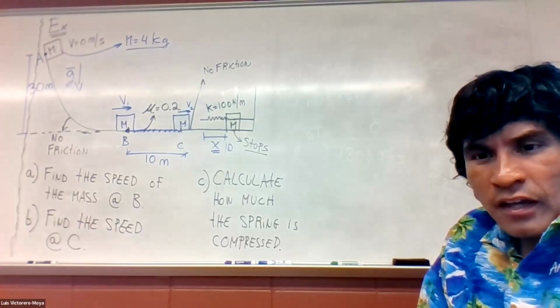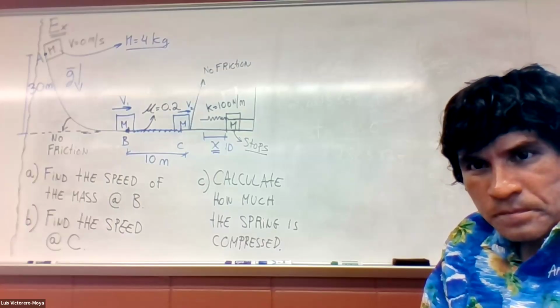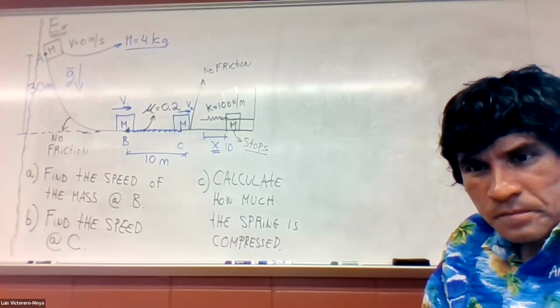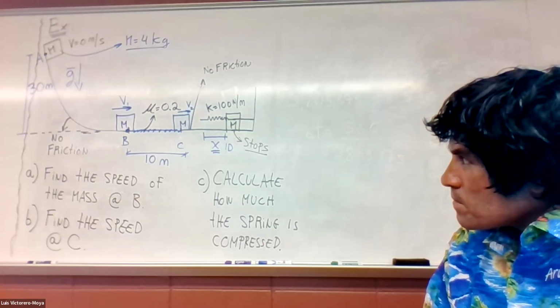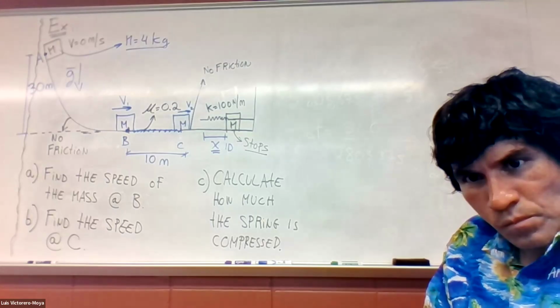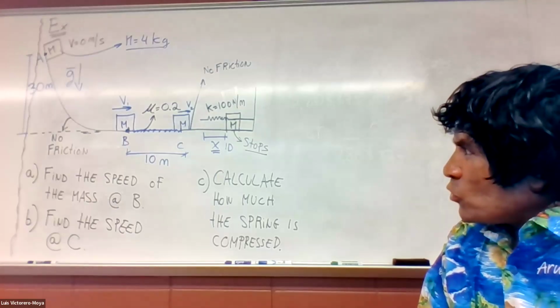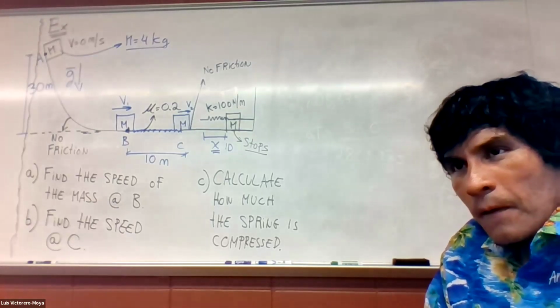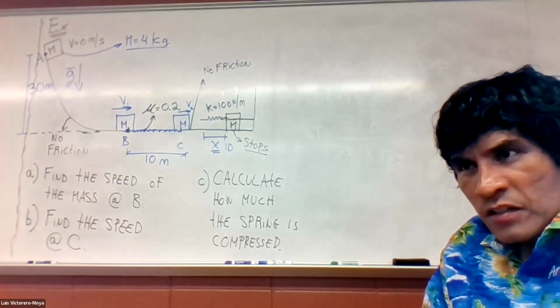So anybody found the speed at C? What do you have to use between B and C, if there is friction in there?